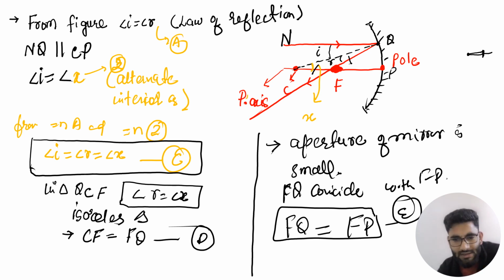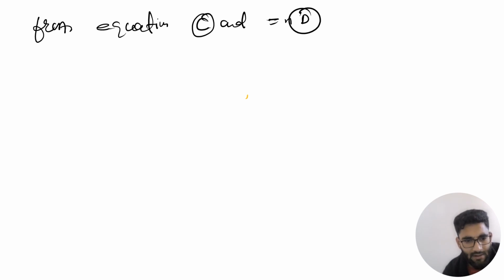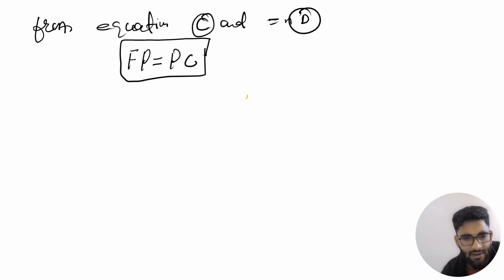So you can just check from equation C and equation D. What I will get, you can check from the previous slide, is that FP will be equal to, sorry, not PC, we can say here FC.